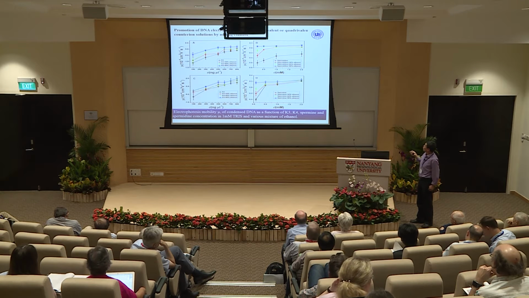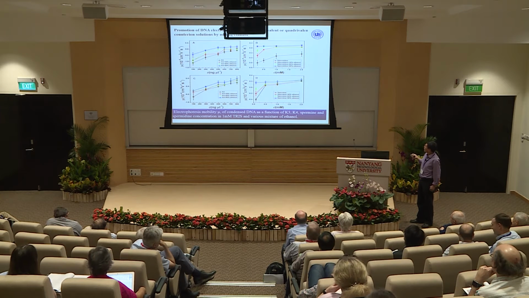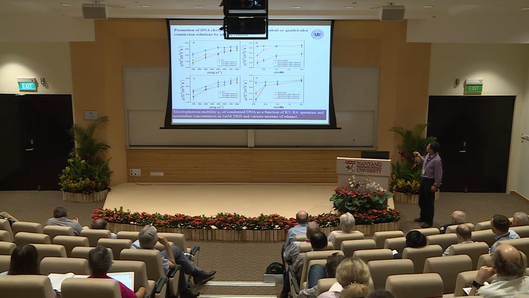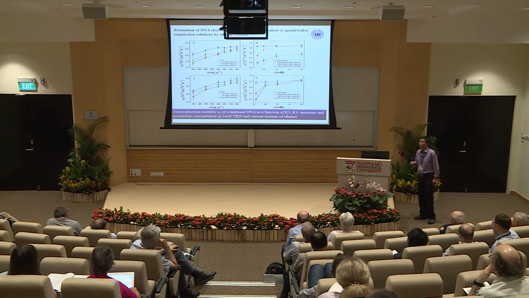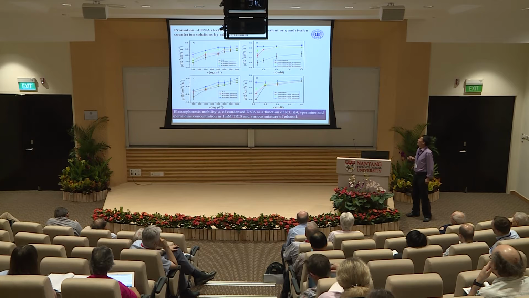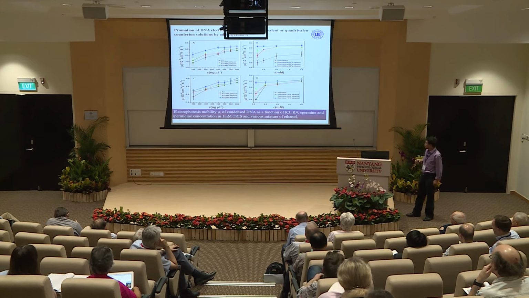We use spermidine and spermine. This is valence 4, and this valence is 3. We observe similar phenomena. So basically, here we show that the electrostatic interaction is the main driving force for DNA charge inversion.